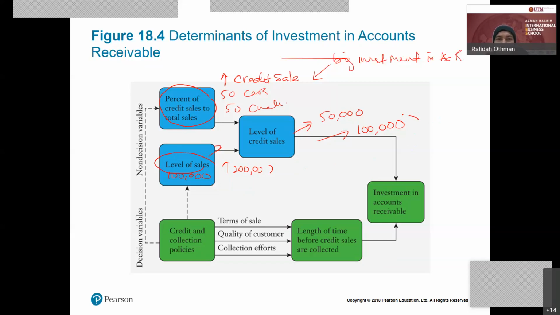So here, if you have 100,000 account receivable, then you have to manage this properly because you don't want to lose the money here. How you do this is by looking at the terms of sales. The terms of sales here, just now the example is 2/10, net 30.